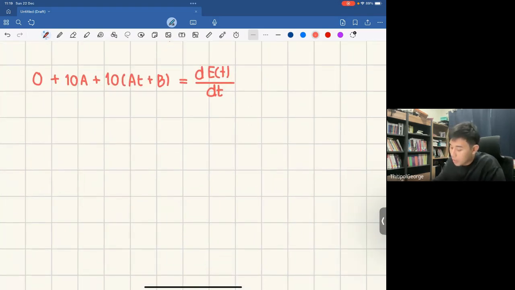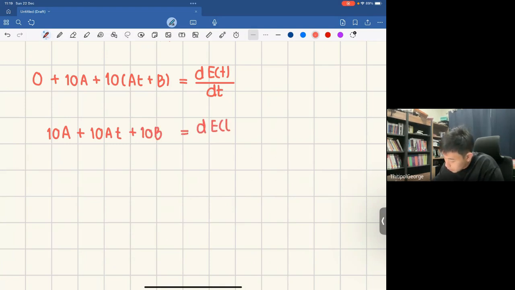So we get 10a plus 10at, and then plus 10b equals d e t over dt. From this one, we can do coefficient matching.